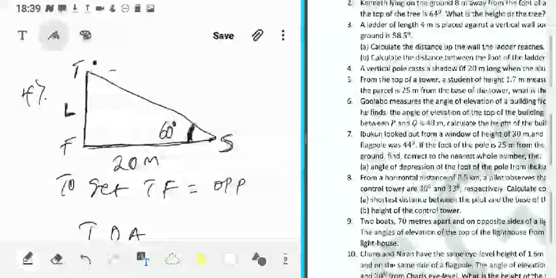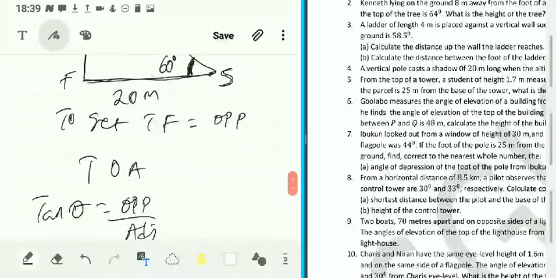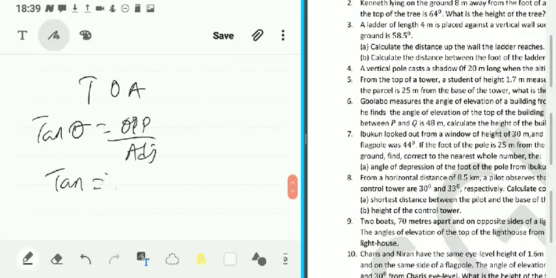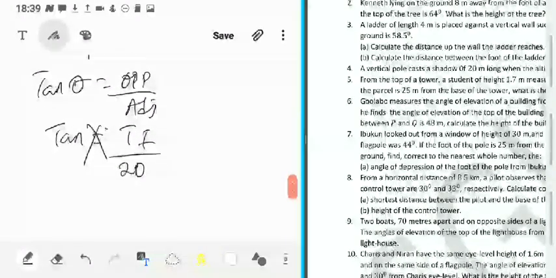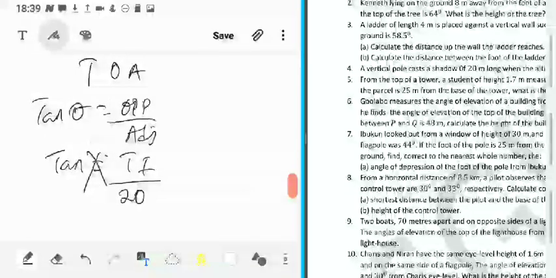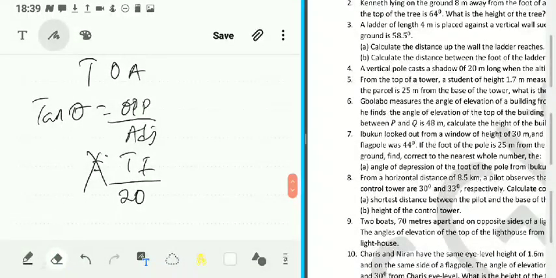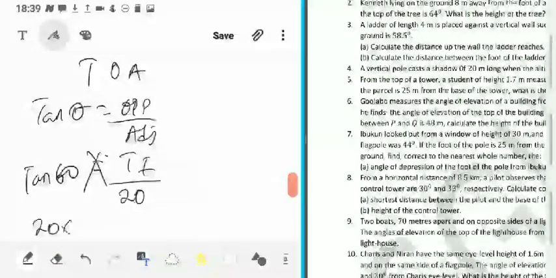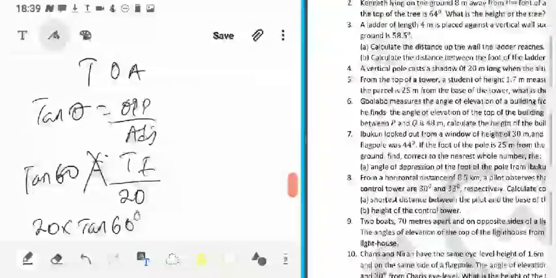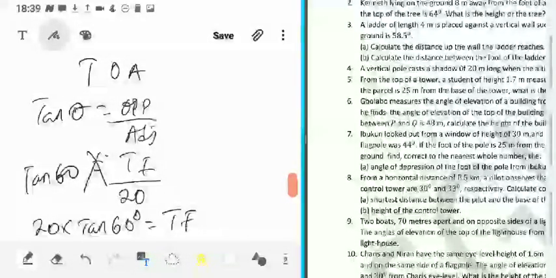The opposite that we're looking for is TF, and the adjacent is what? 20 meters. So opposite over adjacent now will be TF over adjacent, which is given as 20 meters. So this should be tan 60, because theta is 60. When you cross multiply, you have 20 times tan 60 degree equals TF.